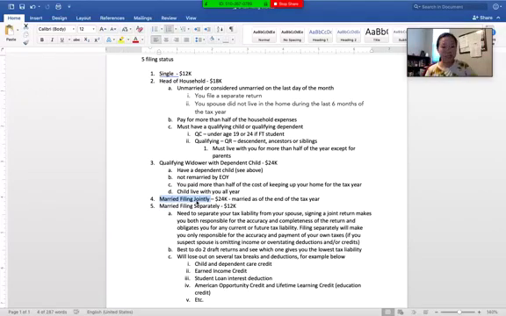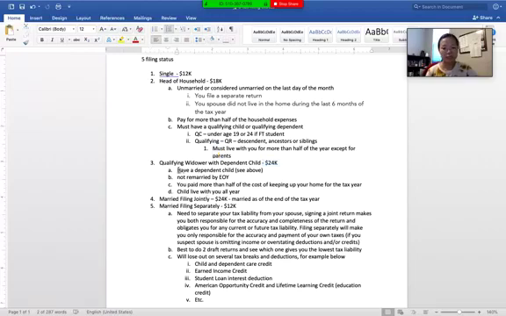I went over the difference already. Then for the 2 tax years after your spouse passed away, you want to do qualifying widower, only if you have a dependent child, of course. You get the $24,000 deduction, which is higher than single or head of household, so you want to utilize this if you have a dependent child.